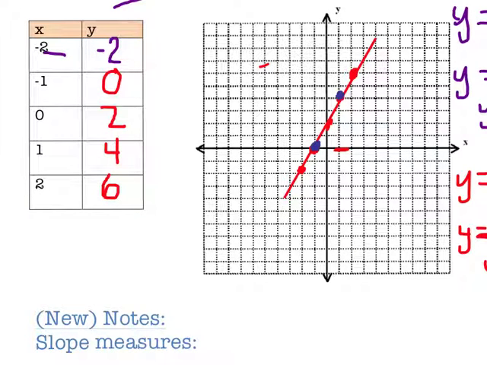And then all I'm going to do is count how many spaces I needed to move up and then over to get from the first dot to the second dot. So if I'm counting up, let me switch pen colors. I start here and I went up 1, 2, 3, 4.